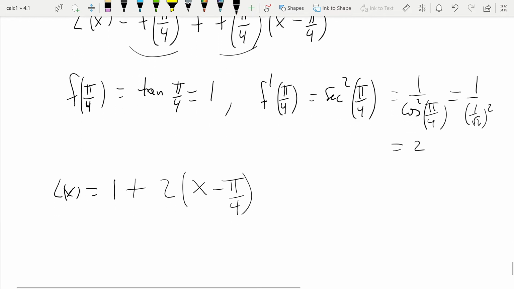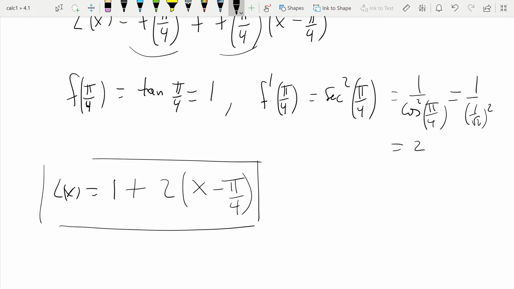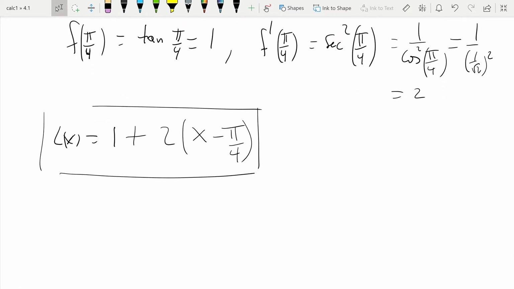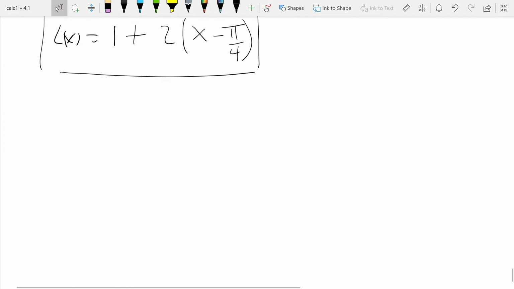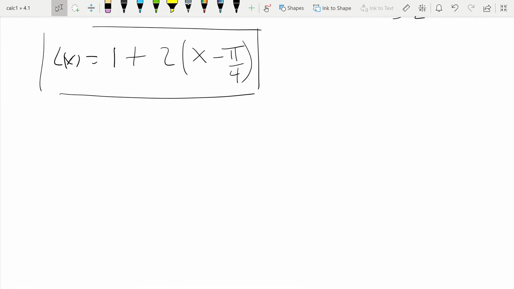Okay, so this is our linear approximation of the function, and we are now asked to compute the percentage error that we make when we use this substitute for the actual value of the function.